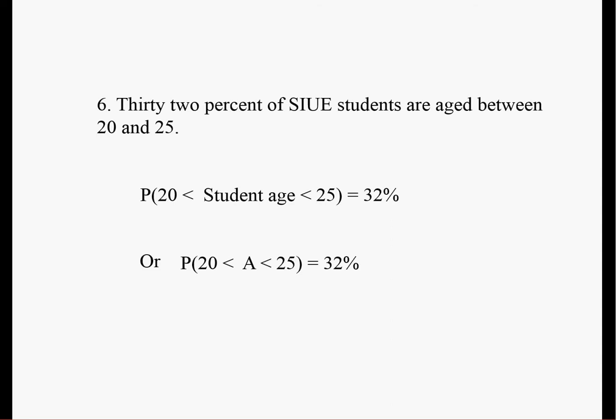It's okay if you want to use expressions such as this, but if you introduce notations such as A in the expressions that are not explicitly defined in the question, you need to make sure that you clearly define what this A means. You see, in the question itself, it does not give a definition that says what is the A. Therefore, if you want to introduce your own notation, you need to define it either before or after the probability statement.